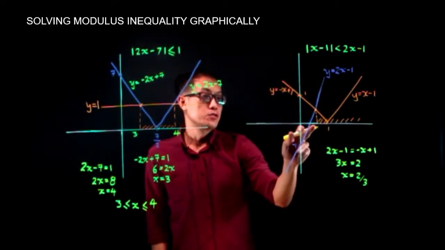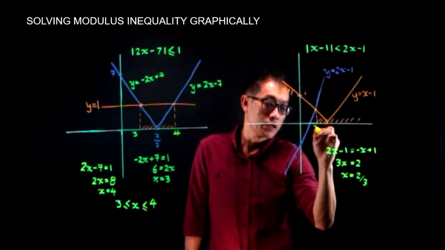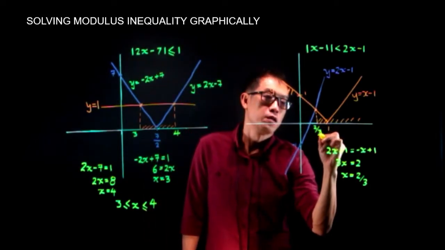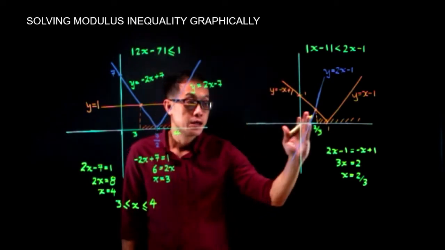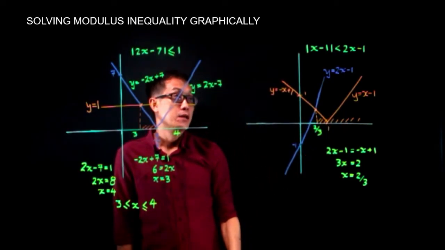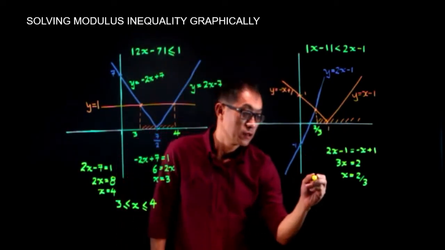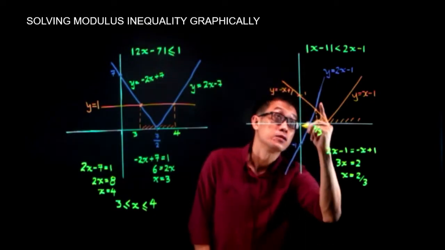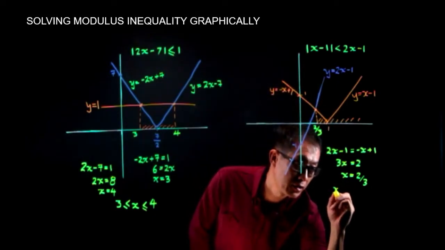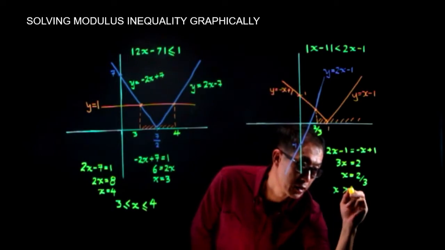So this point here is 2/3. You want x to be greater than 2/3. There's no equal sign, so your final answer will be x greater than 2/3.